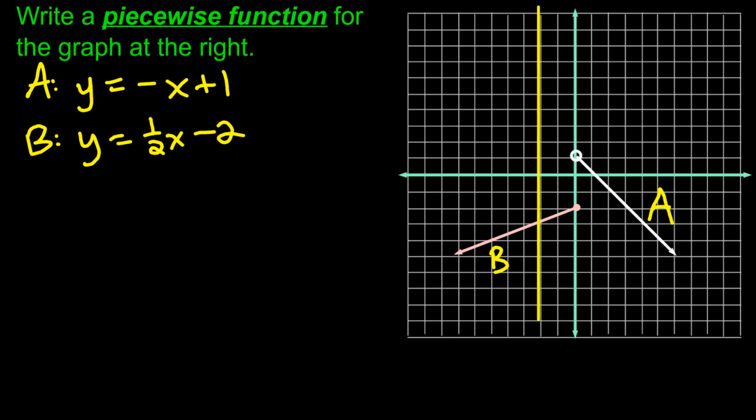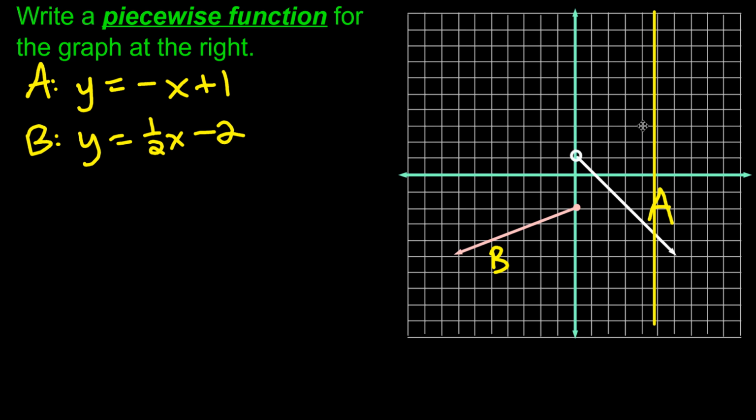It's pink all the way on the left of the y-axis until we get to the y-axis, and then the white line takes over. And so this is a piecewise function where the graph does one thing until you get to a point, and then there's basically a new graph that starts. And here would be going from graph B to graph A.